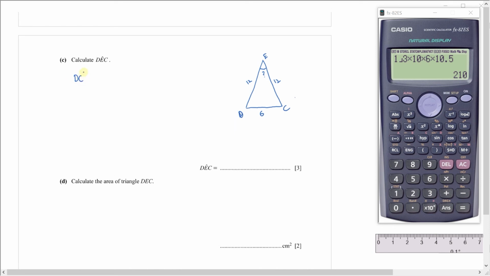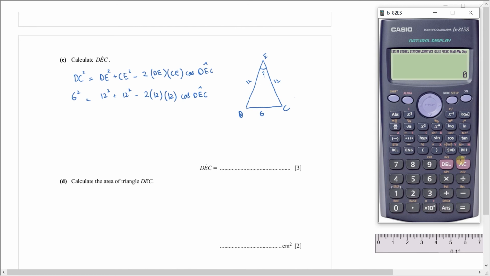So using the cosine rule, I will write DC square equals DE square plus CE square minus 2 times DE into CE into cos of this angle DEC. So now let's substitute the values here. DC is 6, so 6 square. This is 12 square plus 12 square minus 2 into 12 into 12 into cos of DEC.